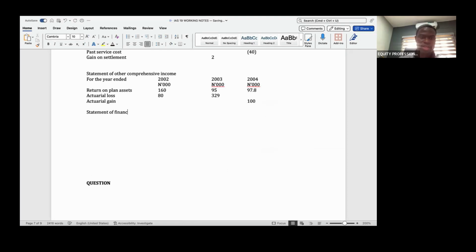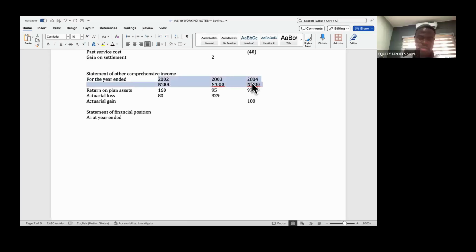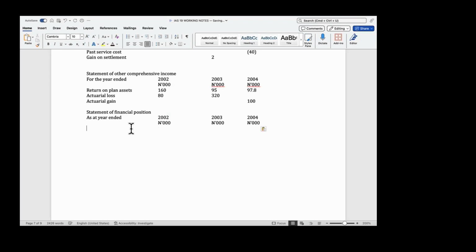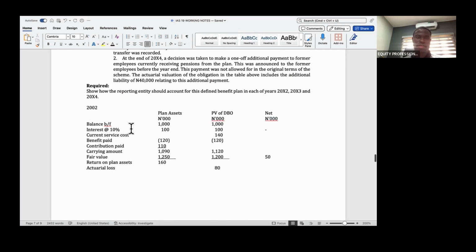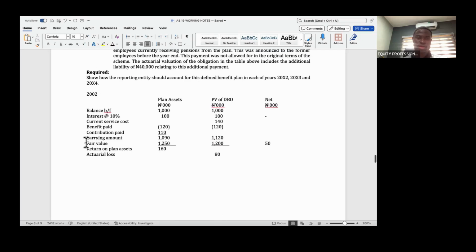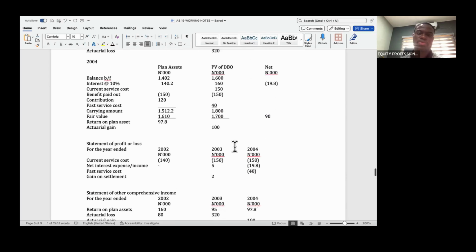Then my statement of financial position. Sorry, sir. The actual loss in 2003 is 320, not 329. Oh, okay, thank you. So in 2002, the asset was higher. So we actually have a net defined benefit asset or a surplus in 2002.